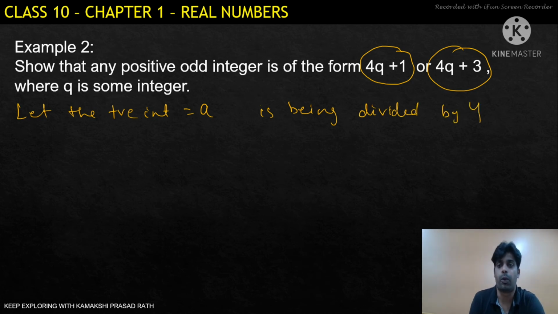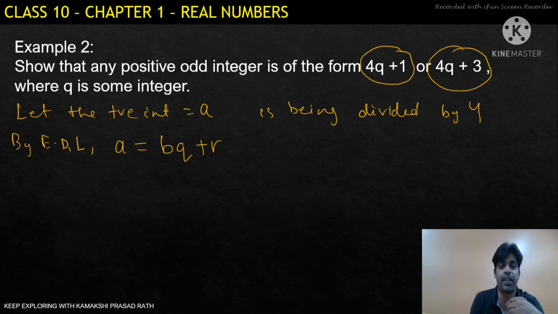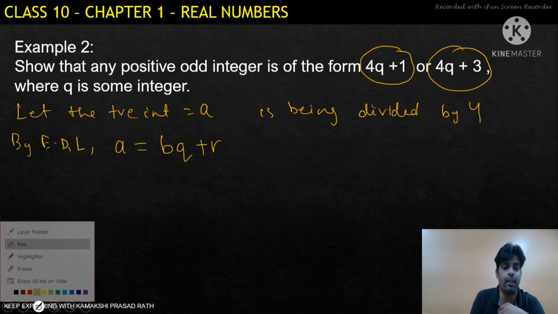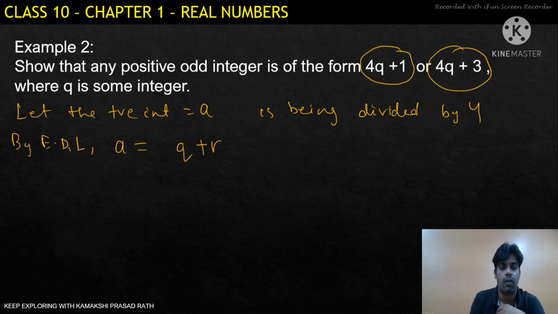By Euclid's division lemma, what will we get? When a is divided by 4, a can be written as bq plus r, that one you know. So instead of b, what will we write?